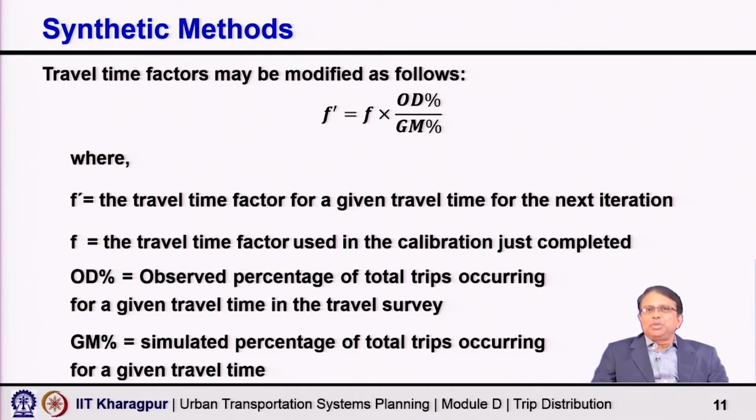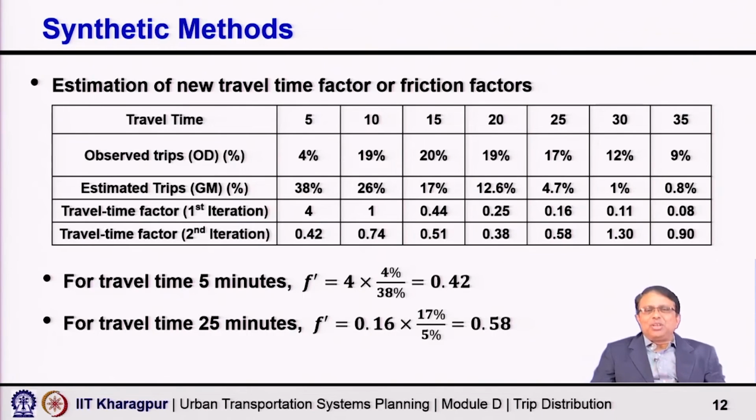If the gravity model has overestimated, that means the Fij value should be reduced, that is what will happen. If the gravity model has underestimated, that means I have used a lesser value, I should use a higher value of Fij. So, accordingly this will give you a higher than f value for the f dash, or the modified friction factor value.